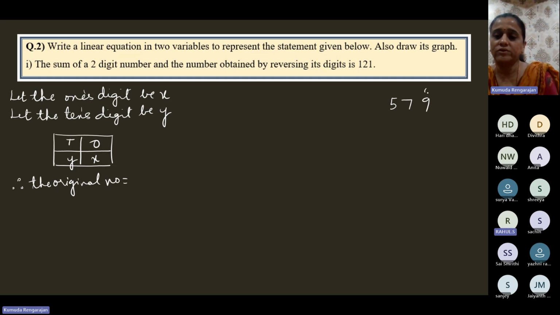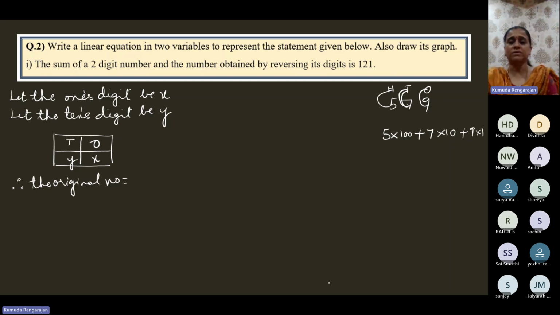You multiply the digit 5 with its place value, 5 into 100, plus 7 into 10, plus 9 into 1.